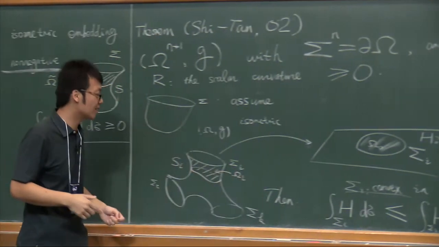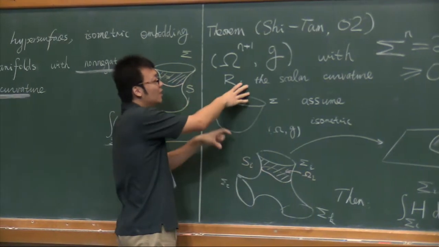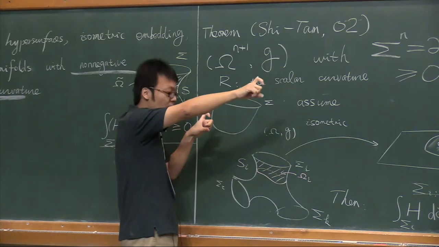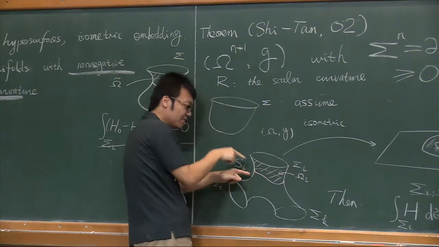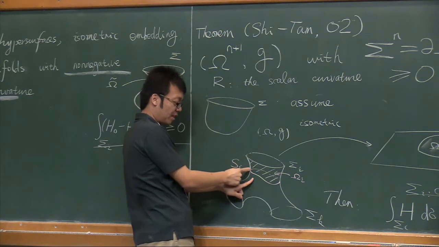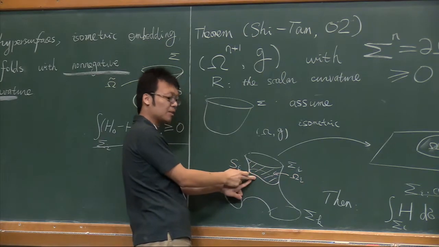On the other hand, because the proof of this theorem makes use of the positive mass theorem, it does not see the fact that you have a minimal hypersurface sigma H here.